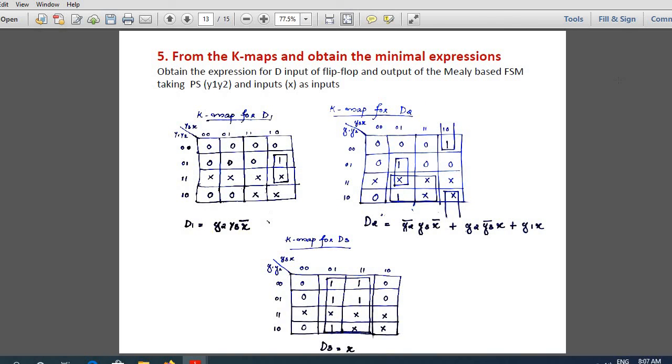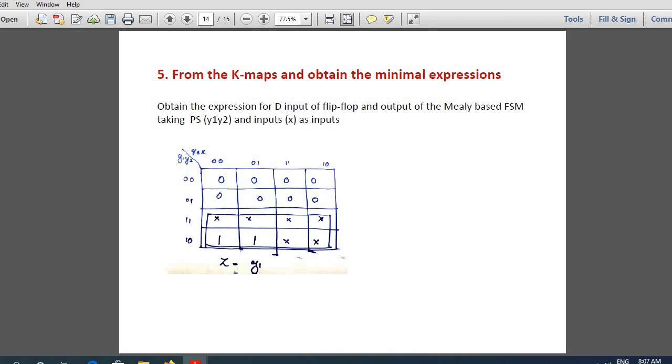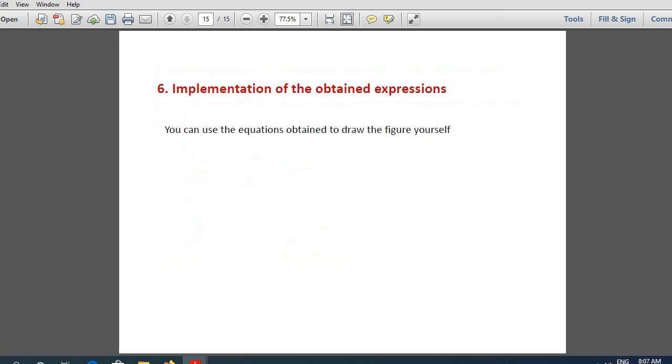Your present state, that is y1, y2, y3, and the input, which is 1 bit X. So y1, y2, y3, X. Using all those 4 variables, you are going to form the K-maps for D1 separately, D2 separately, D3 separately and Z separately. So you obtain the equations and then you implement. I have not drawn the diagram, you can try it yourself.